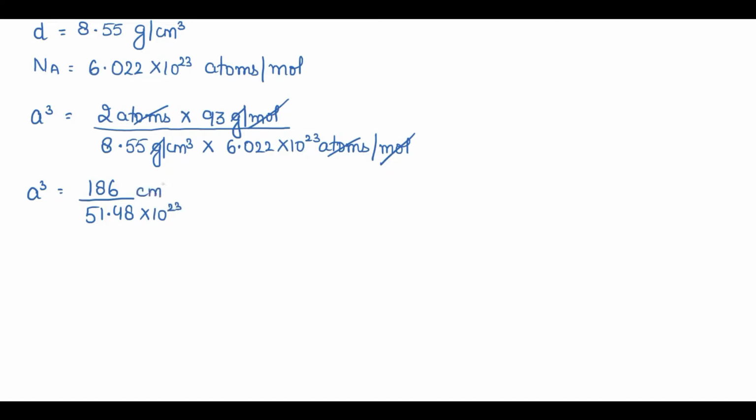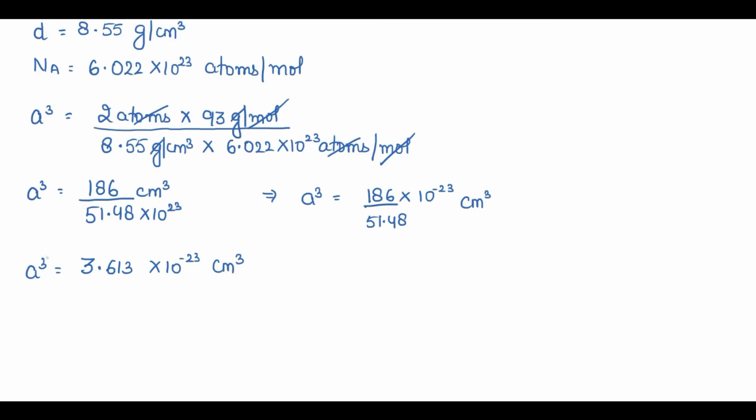The 10 raised to power 23 is positive in the denominator, so when I take it to the numerator, it will be minus 23. That means a cube equal to 186 divided by 51.48 into 10 raised to power minus 23 centimeter cube. When you divide 186 with 51.48, your answer will be a cube equal to 3.613 into 10 raised to power minus 23 centimeter cube.